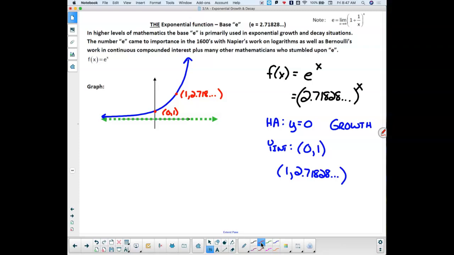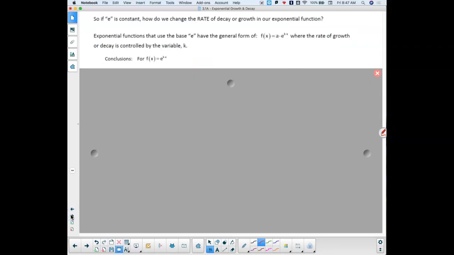Okay. So if e is constant, then we can't change the rate, or we can't change that b value. We have to change something else in it to make it be a growth or a decay. Okay?